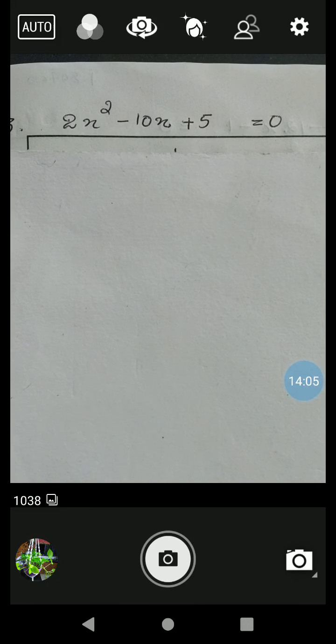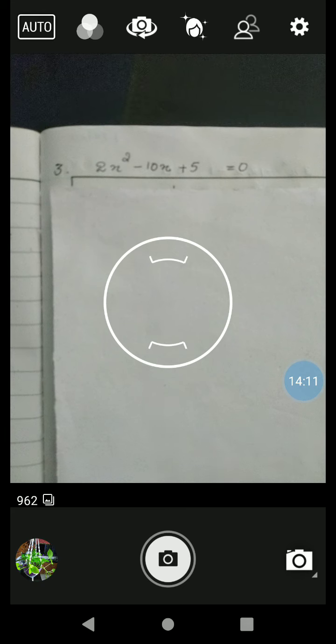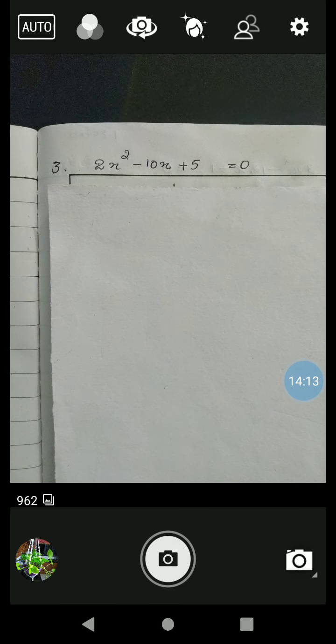Next is question number 3 from exercise 5C. First one, first subdivision. The question is, solve each of the following equations for x and give in each case your answer correct to 2 decimal places. Okay.